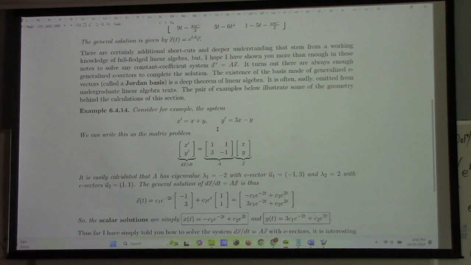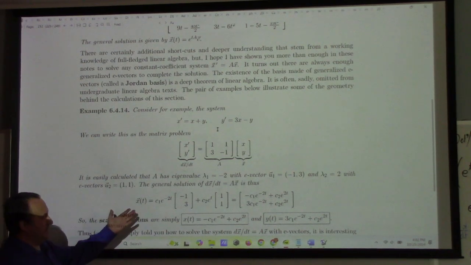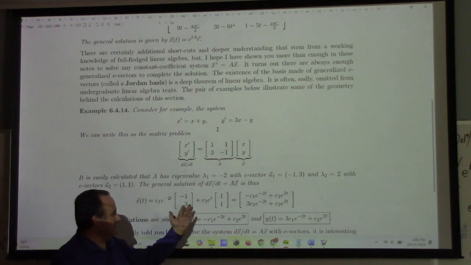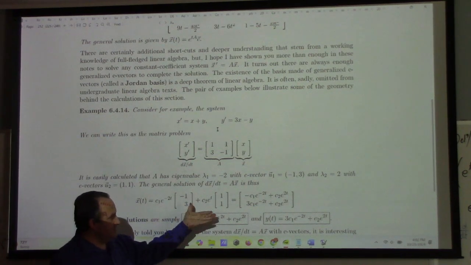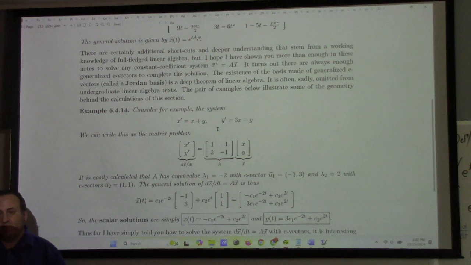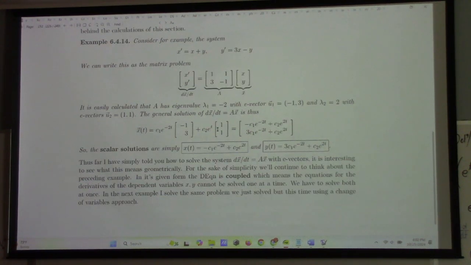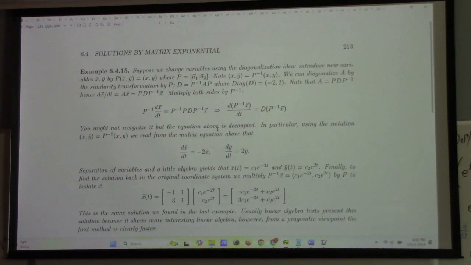Sure, we found the solution, but what's the significance of the eigenvectors to the solutions anyway? It was easy enough to find the eigenvectors and the eigenvalues, minus 2 and 1, and there's a solution, but what does this mean? Well, the next page shows you what it means in terms of changing to eigencoordinates.